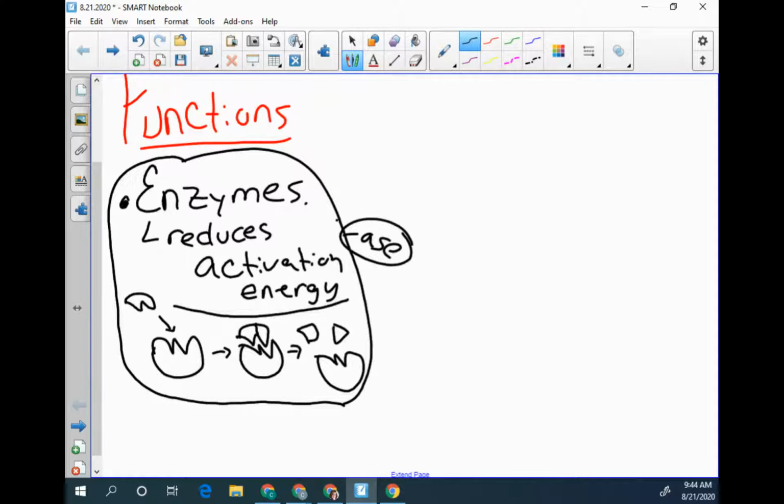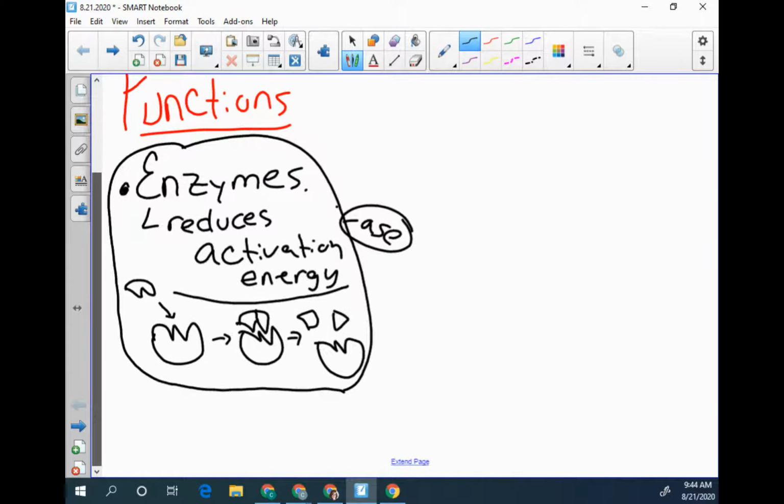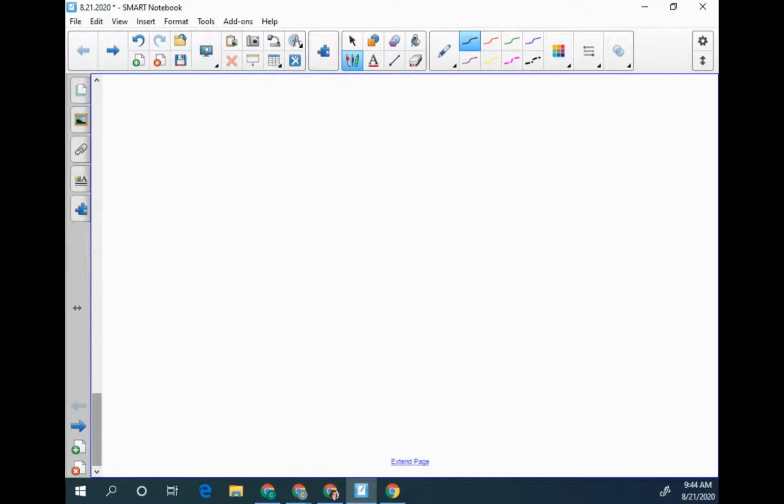And most enzymes are named after the reaction that takes place within them. So if you see ATP synthase, it's an enzyme that synthesizes ATP. That's function number one.